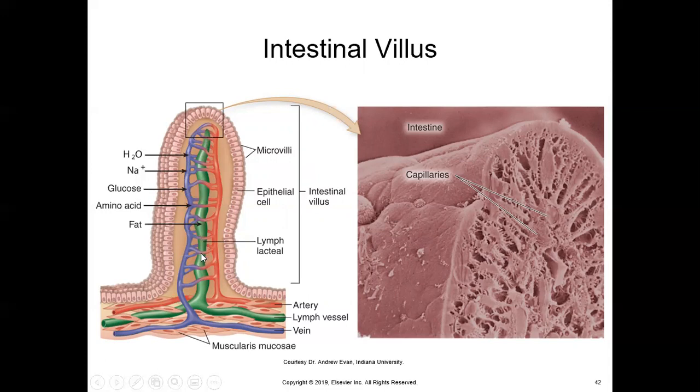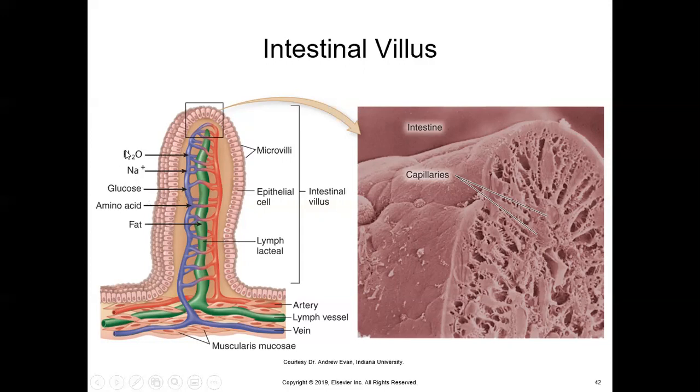This thing in the middle is the lacteal, which is the lymphatic capillary. So every villus has one arterial, one venous, and one lacteal. And then on the edge of the villi are microvilli. This is the brush border, on each of the cells of the villi, and it's just a lot of little hair-like structures that increase the surface membrane for absorption.